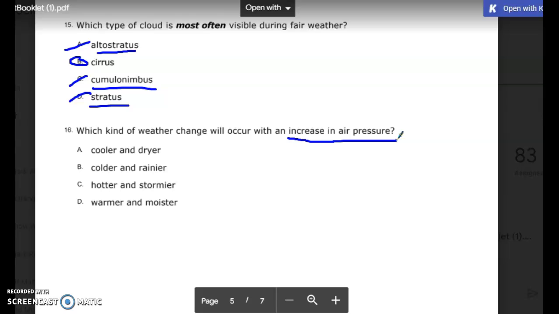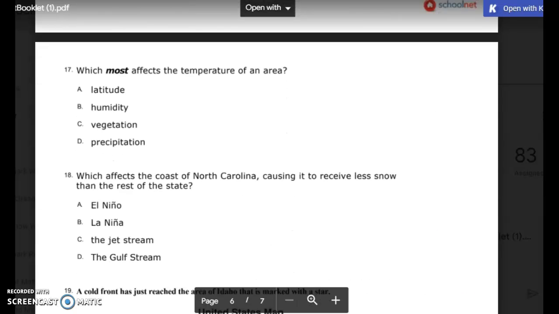An increase in air pressure, Jesse. Will it be warmer and moister? That's low pressure. Hotter and stormier? Low pressure. Colder and rainier? Cooler and drier? Clear, cool, dry is your high pressure. And most of us yesterday, when we were working on our project in the back, got that correct.